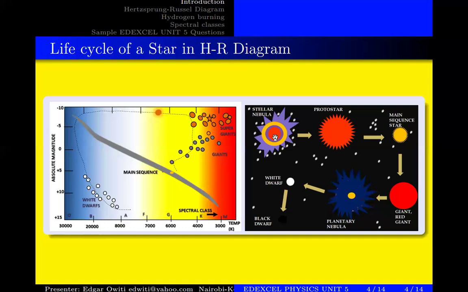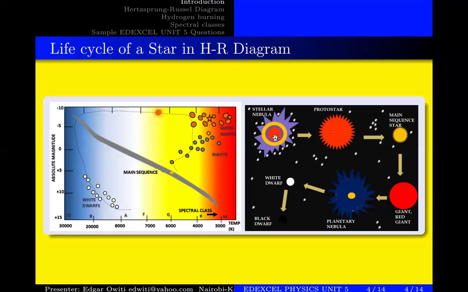At the same time, the gravitational pull increases. These two effects, the nuclear reaction at the center and the gravitational pull, must balance for the star to be considered born. These hydrogen atoms collecting together are known as a stellar nebula.